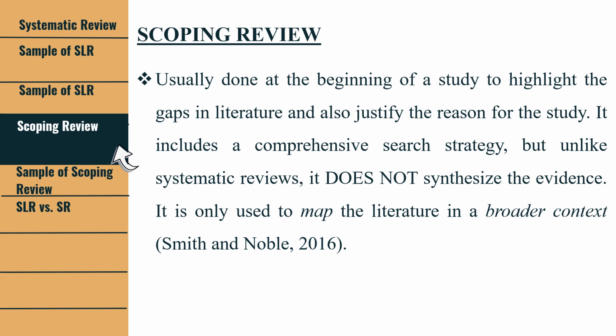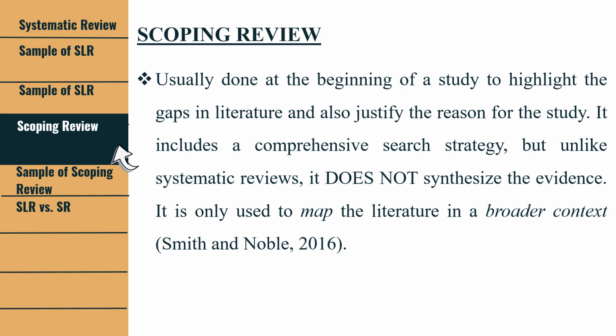It is only used to map the literature in a broader context. Scoping review is also called mapping review. So it is used to map out what studies could be further done in the future for future researchers.